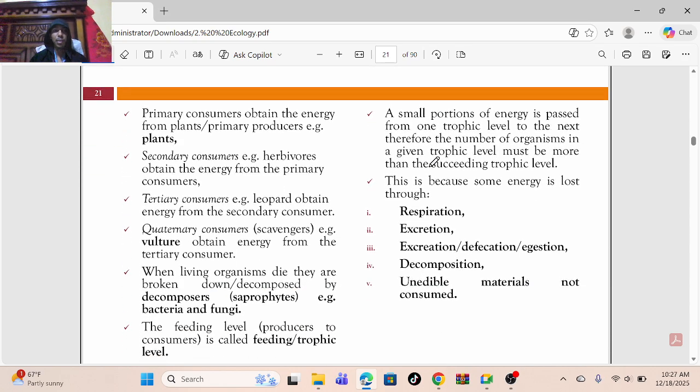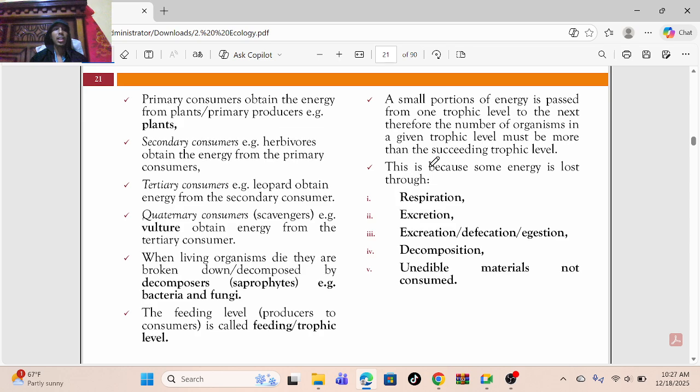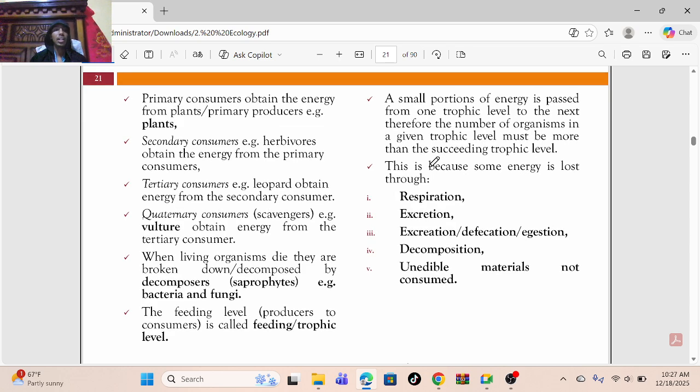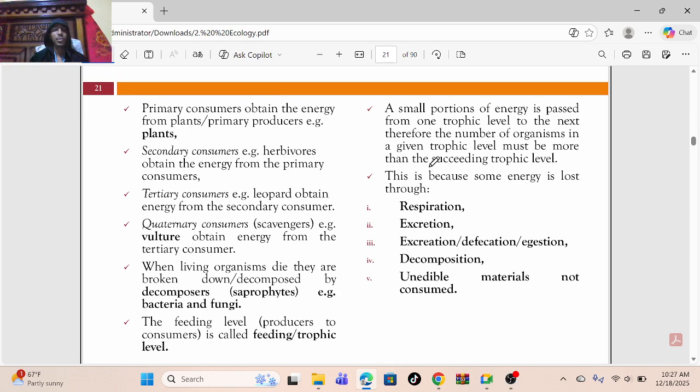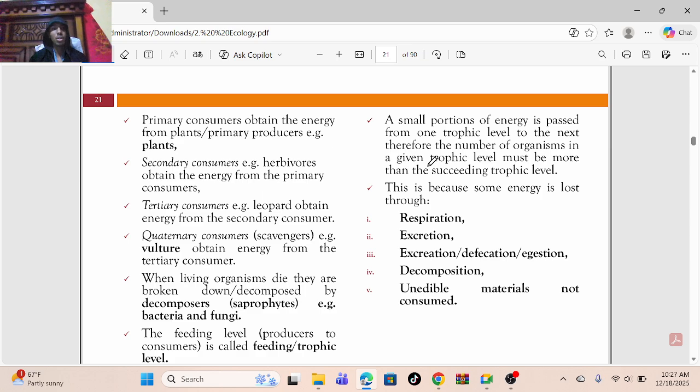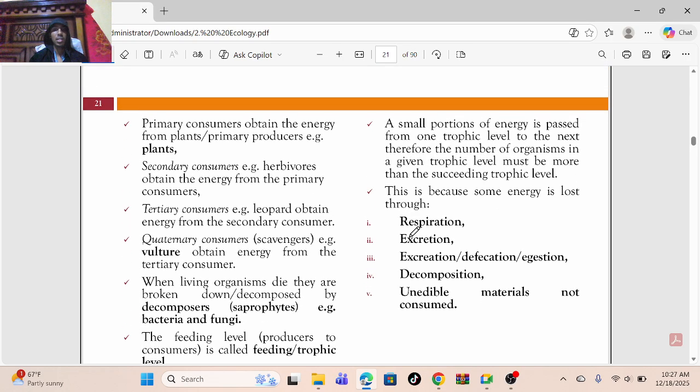Anything that eats plants is called a primary consumer, then anything that eats the primary consumer is called a secondary consumer, then anything that eats a secondary consumer is called tertiary, then quaternary, that is known as scavengers.